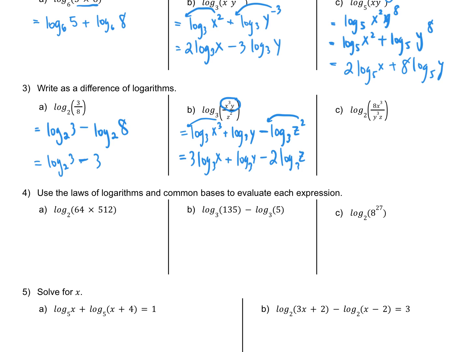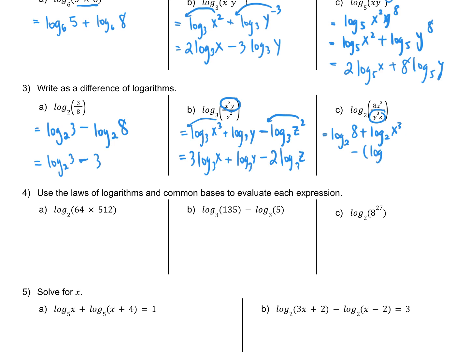All right, and our final one, we have log base 2 of 8 plus log base 2 of x cubed. And this time, I made our denominator have 2 terms, which means I'm going to subtract and I'm going to open up a bracket for that denominator.